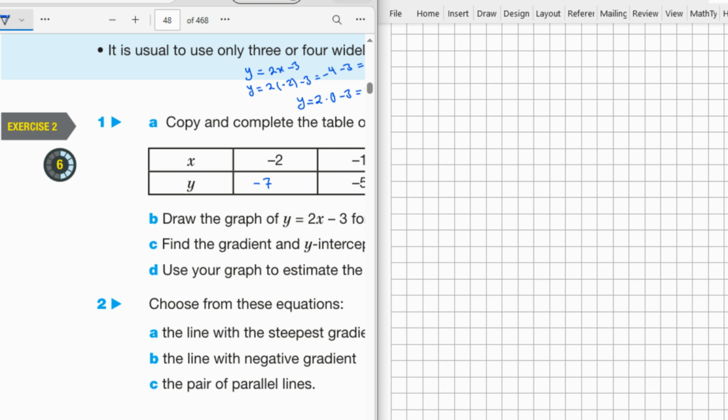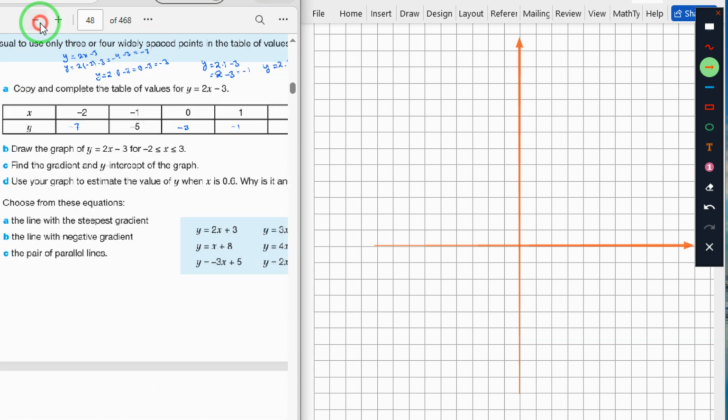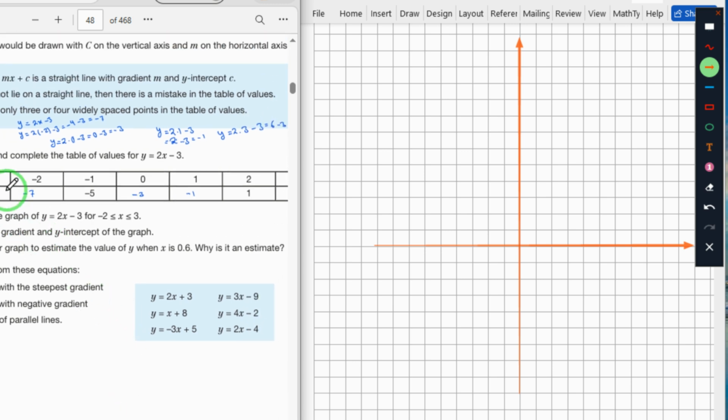Here we draw first the y-axis and x-axis. First we find the points on our axes. This is y and this is x.